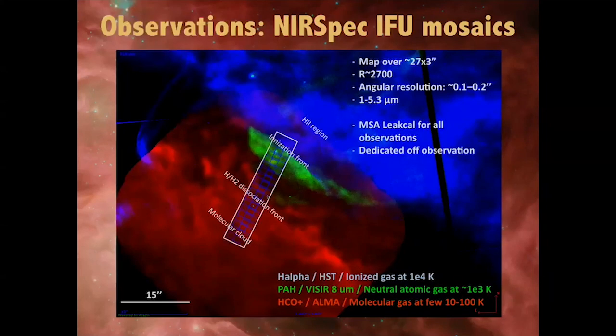We have NIRSpec IFU mosaics at the highest spectral resolution available. And we're going to cover a wavelength range from 1 to 5.3 micrometer. And so the mosaic is oriented such that we cross the edge structure of the PDR, going from the ionized gas, crossing the ionization front into the PDR, crossing the dissociation front, and into the molecular cloud.